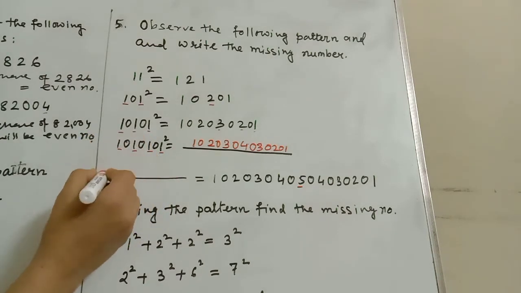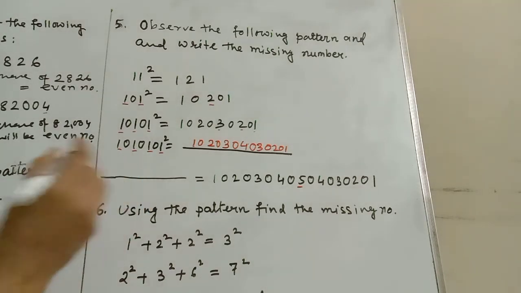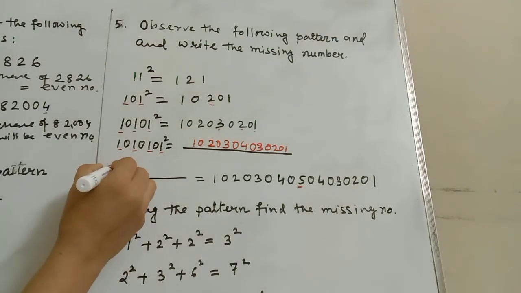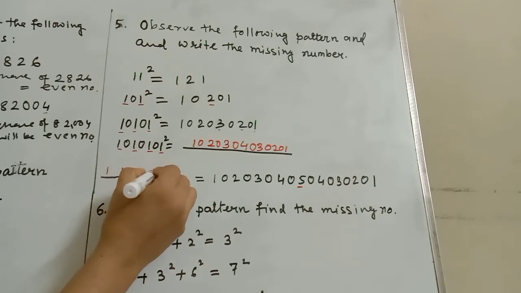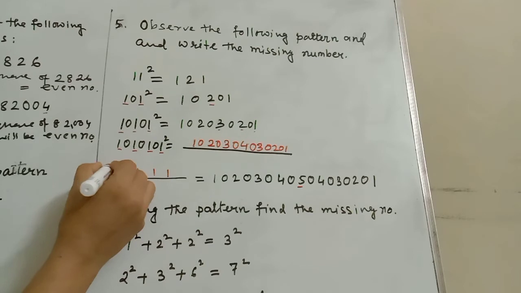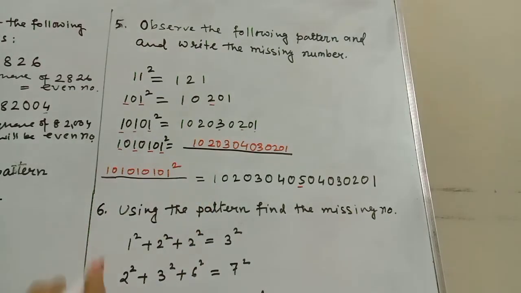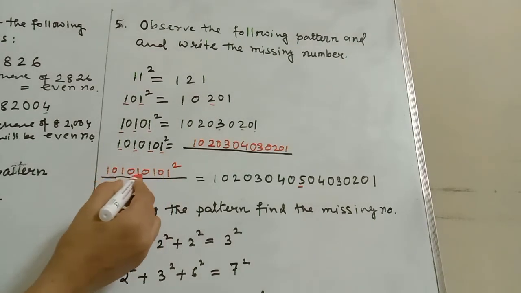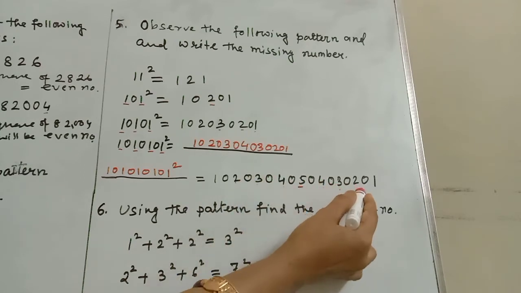By observing this pattern, we can write it in this way: 1, 2, 3, 4, 5, then 1, 2, 3, 4 and square. As it is 1, 0, 2, 0, 3 and so on, how many 1s? 1, 2, 3, 4, 5. So it reached up to 5. Then 4, 4, 3, 3, 2, 2, 1, 1.